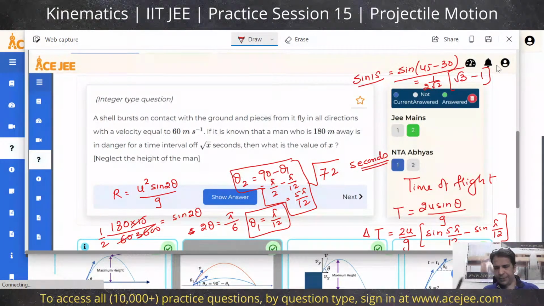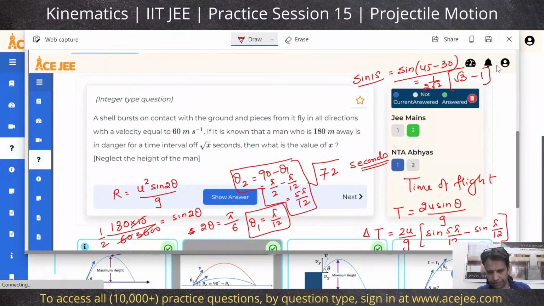Something along these lines? Okay. What about Ruchika? What about sine of 5 pi by 12, beta? That is 75 degrees. How did you go about that?